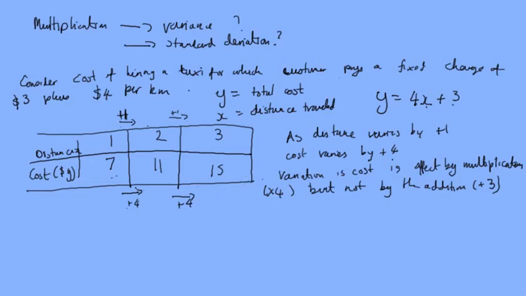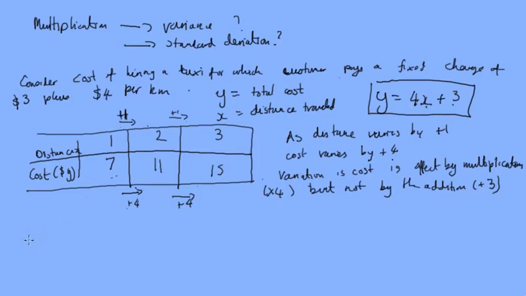Now, if we consider the graph of y equals 4x plus 3, then the gradient of the line is what affects the variation of y. If we increase the x coordinate of a point on the line by 1, the y coordinate increases by 4.